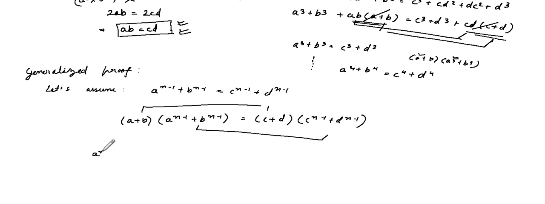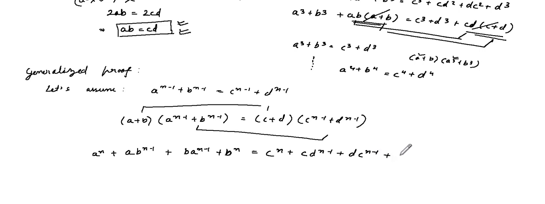We get here a to the power n plus a multiplied with b to the power n minus 1, plus we will get b multiplied with a to the power n minus 1 and b to the power n. So now again we will have c to the power n plus c d to the power n minus 1 plus d c to the power n minus 1 plus d to the power n. This is what we have.